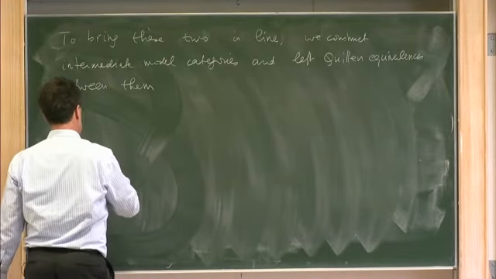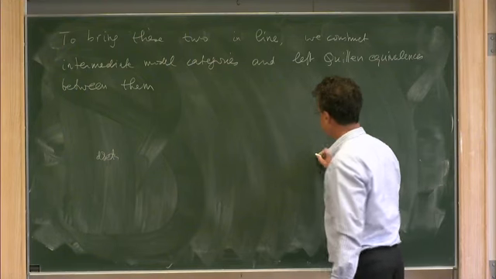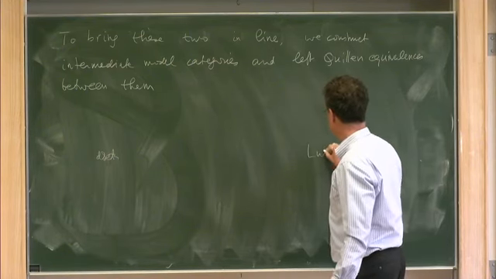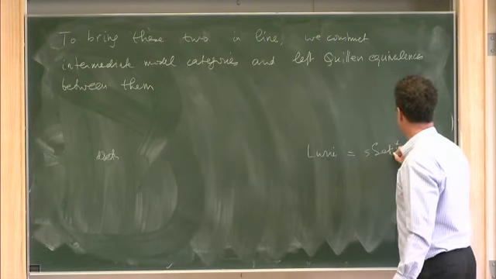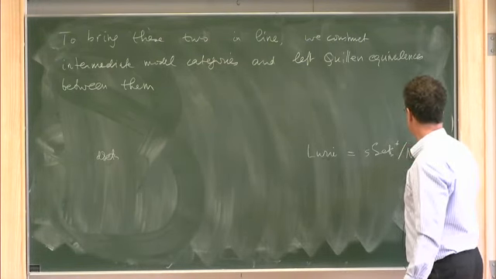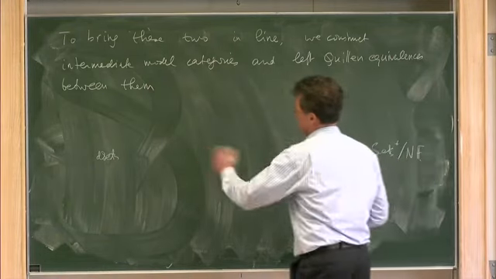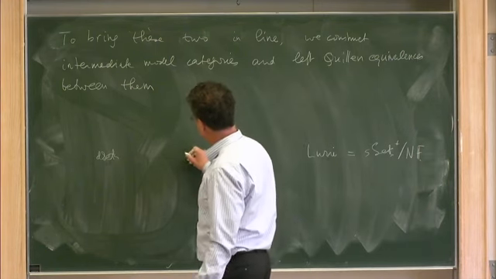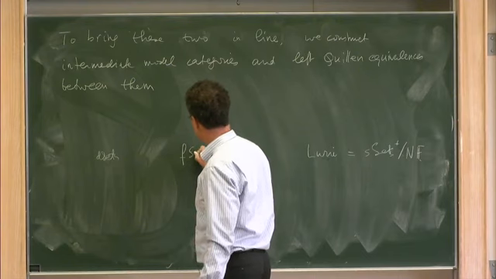So here's dendroidal sets, and here is Lurie's category, marked simplicial sets over the nerve of F. So how am I going to relate these? Well, first of all, I'm going to extend omega to forests.